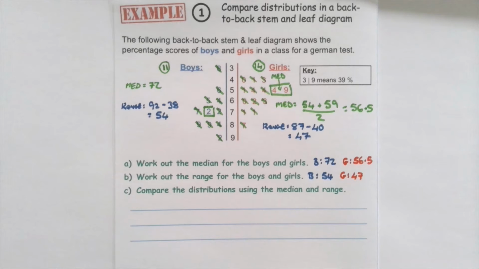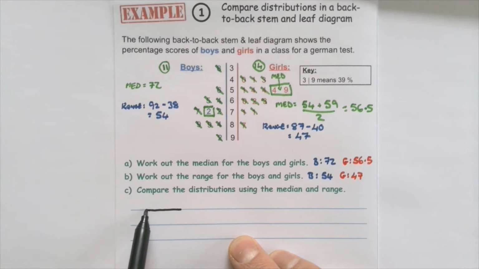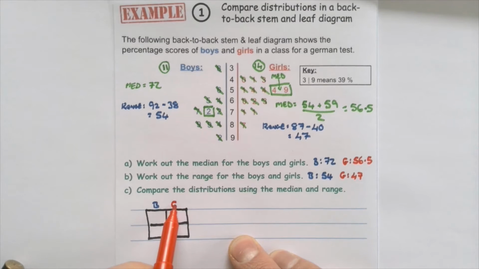So now we need to do comparing. What I always say for comparing is, first thing we'll do is write down a box of numbers. So this is going to be boys and girls.